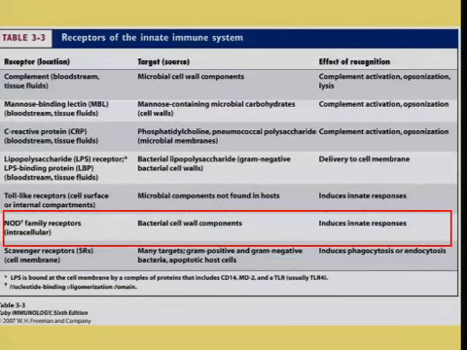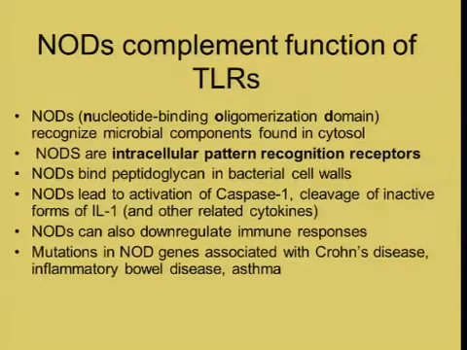Now, there are some other receptors beyond toll-like receptors in the immune system, such as NODs, or nucleotide binding oligomerization domains. And what they do is recognize cytosolic components that are derived from microbes that have to enter the cell in order to infect.